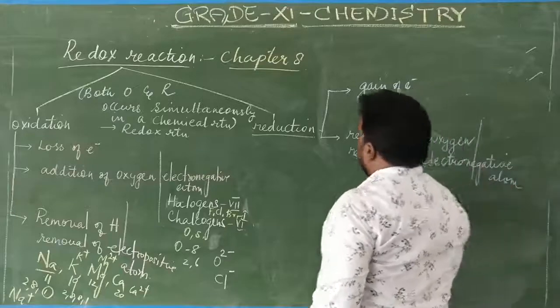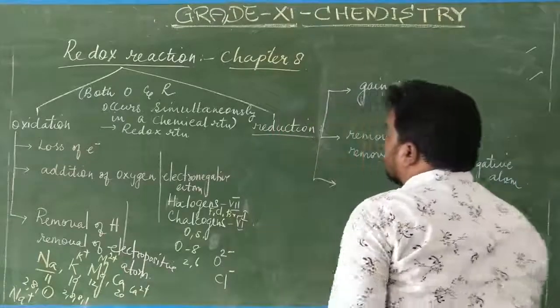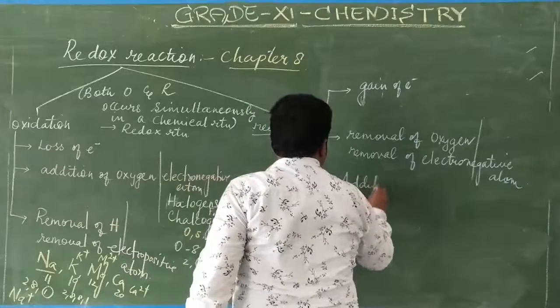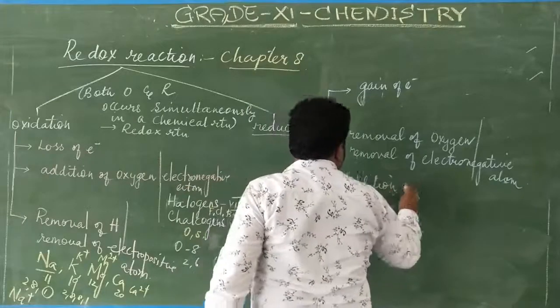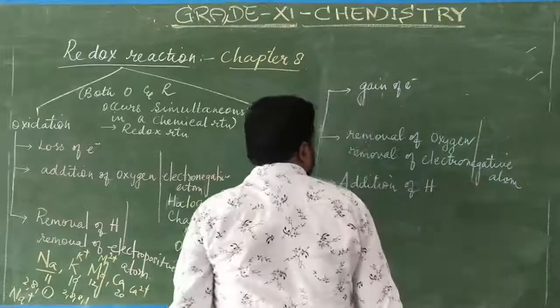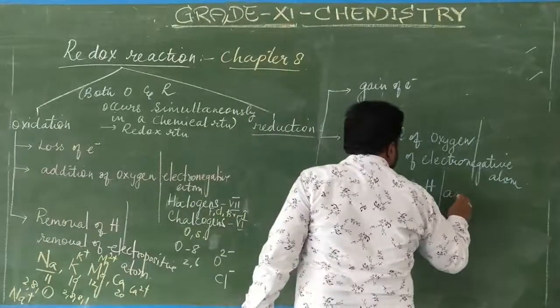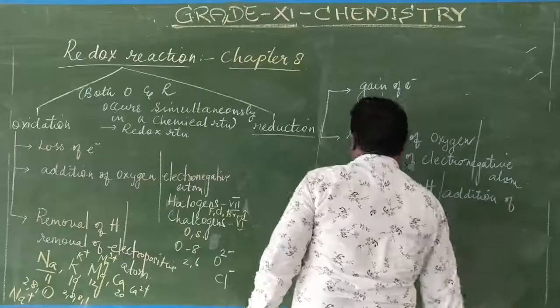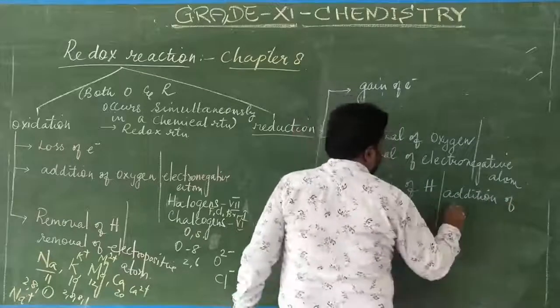Isn't it? Then the third one is what? Removal of hydrogen in oxidation, so here addition of hydrogen. That is addition of electropositive atom.